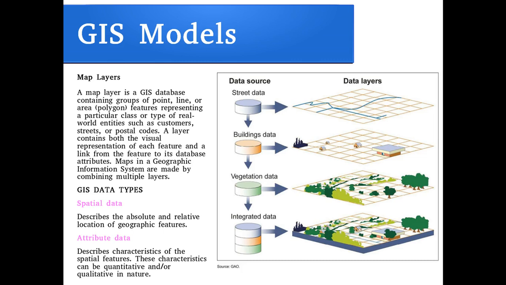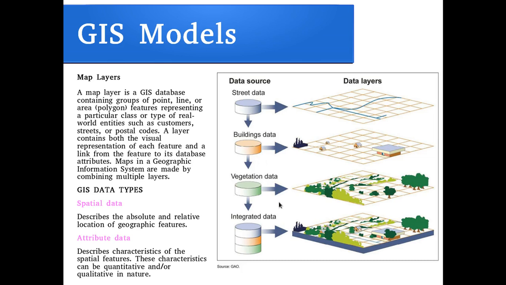For instance, as we can see in this graph, we can have the street database that could be a representation of all the information related to the streets of a specific city or place in the world. Also, we can have another database that could be the building database that would be related to the street database and is going to represent all the buildings or any other structure that was built by man.